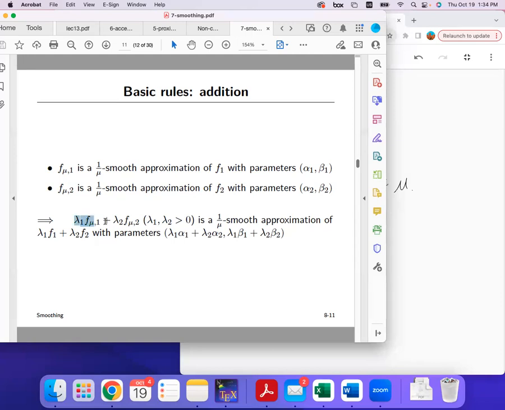Then a linear combination of these two is also a valid smooth approximation. But the parameters will be different. Here we have a linear combination, so the parameters will also be subject to a linear combination of these original parameters. So this is like a linearity of this smooth approximation.